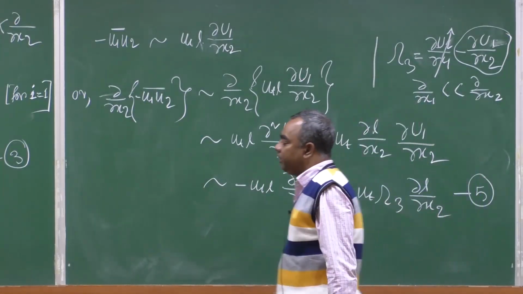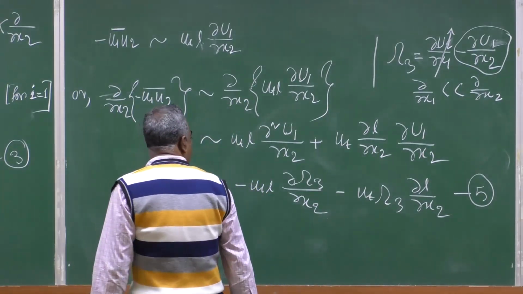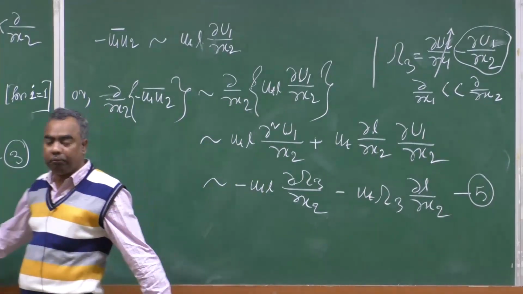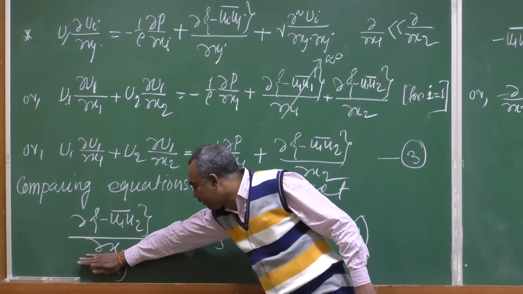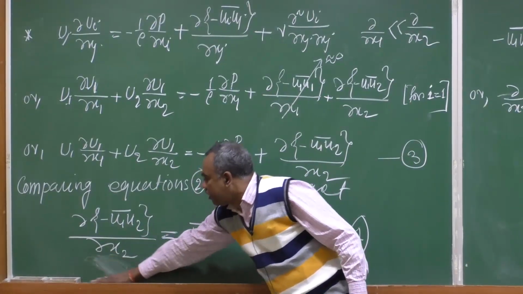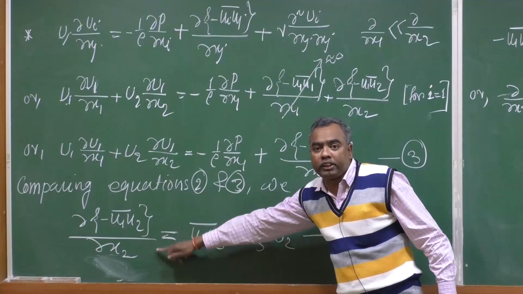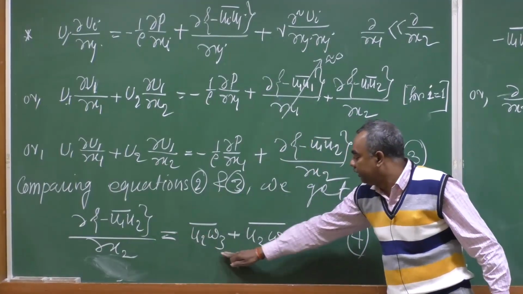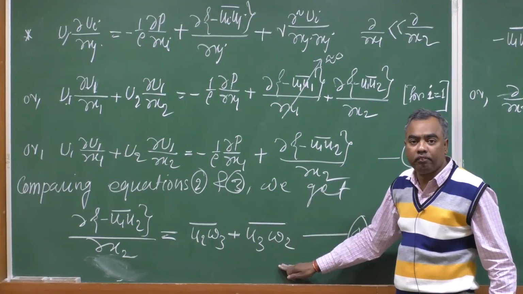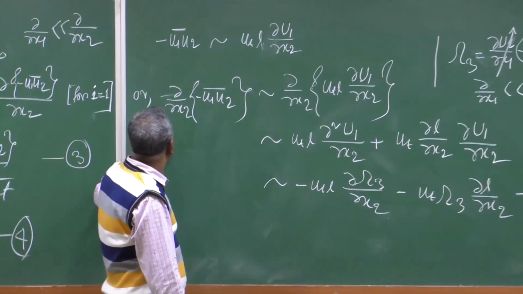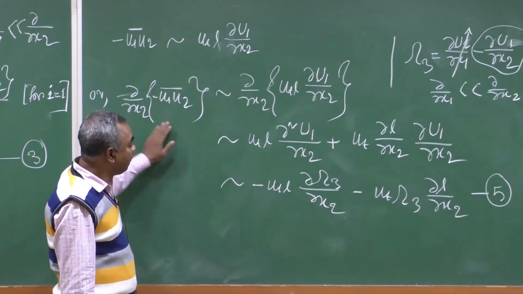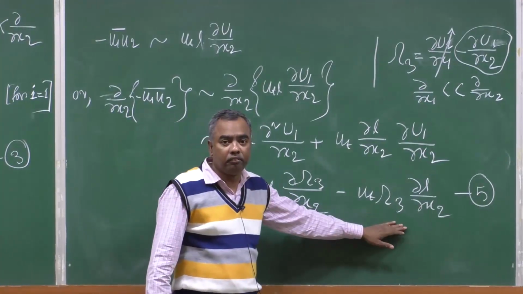So, you see the right hand side of equation 4, the cross stream gradient of the Reynolds stress has two parts, this plus this, and here also the Reynolds stress gradient has two parts, this plus this.